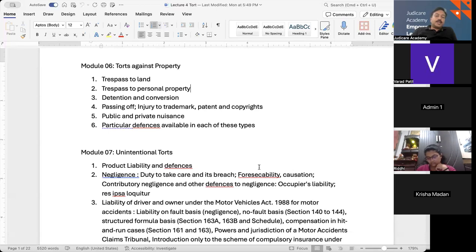The property might be both real and personal. Real property in terms of tort is the land, the building, the immovable property, and personal means the movable properties, car, etc. Any such tort which is against the property and interferes with the individual's right to use, own, or control it is a tort.